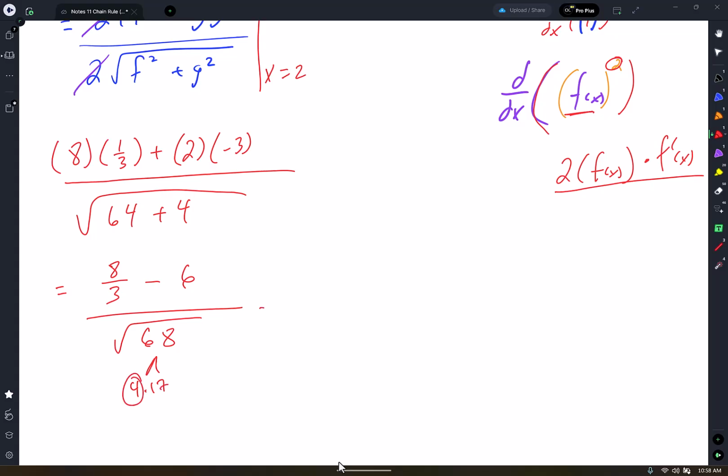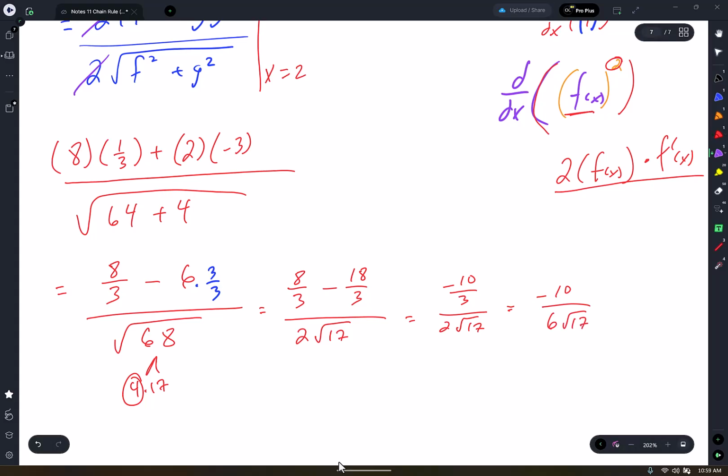What's the square root of 4? So I'm going to go ahead and multiply this one already by 3 over 3. So 8 over 3 minus 6, 12, 18. 18 over 3, all over 2 square root of 17. So negative 10 over 3 over 2 square root of 17. Negative 10 over 6 square root of 17.